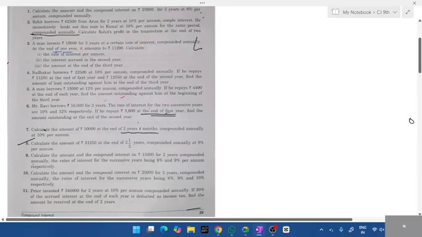Read the 10th one. What is given? Angel, read out the 10th one. Tell me what you understood. No, no, sorry, 10th is done. 11th one. First read.